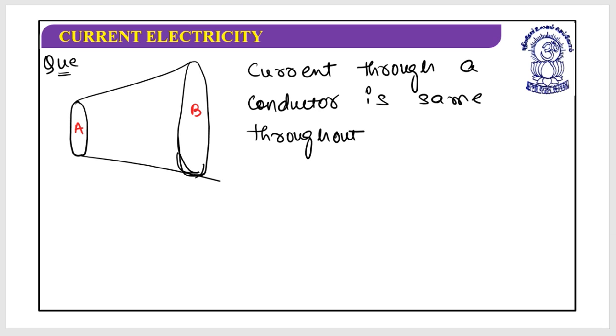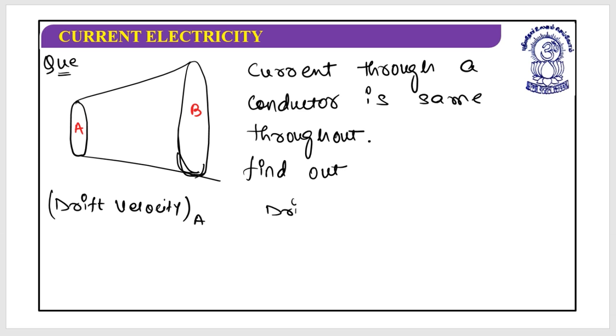Now what they want is that find out the drift velocities at A and drift velocity at B.